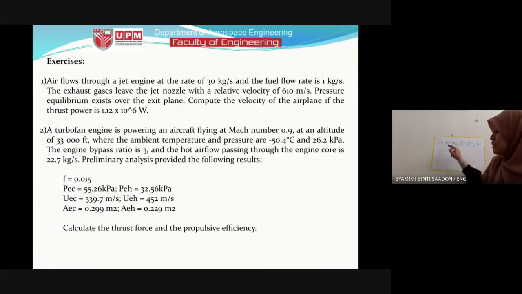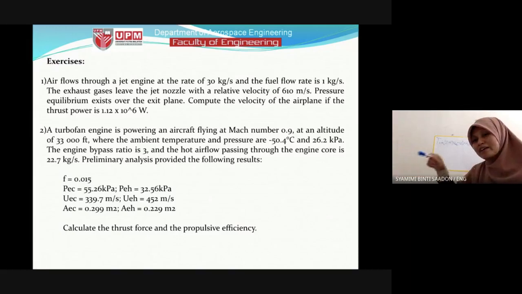1 plus F, because of the conservation of mass. Just now we have MA plus MF, right? The exit mass flow ME is equal to MA plus MF. So here MA is MH, because MA, the total air intake, is now separated into two, hot and cold. So this part is the hot section.